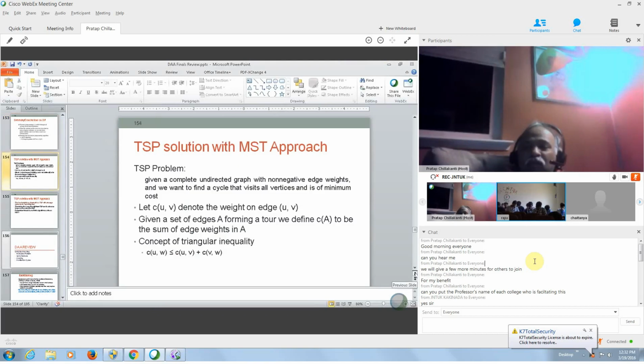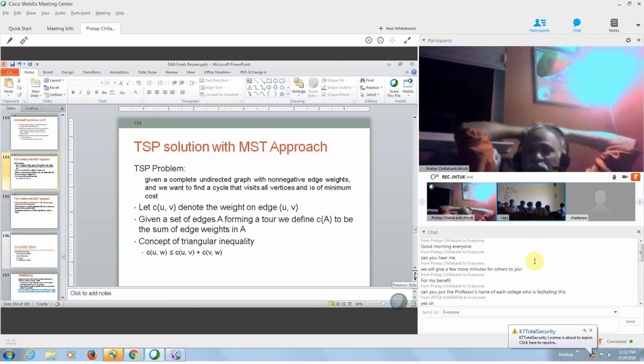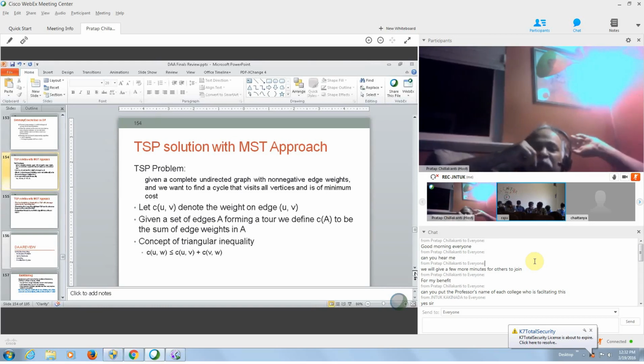Now, how did we solve the traveling salesman problem? When we talked about dynamic concept of the spanning trees, right? We said the only difference between doing the full circle and this one is removing one node or one edge, right? Because in traveling salesman problem, you have to start at the source and come back to the source.